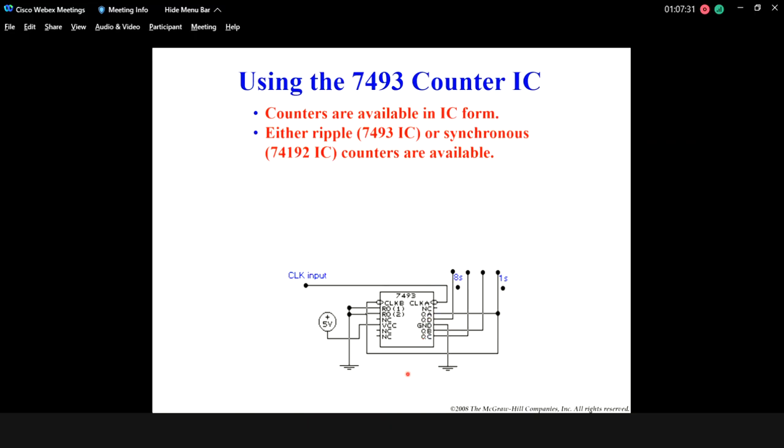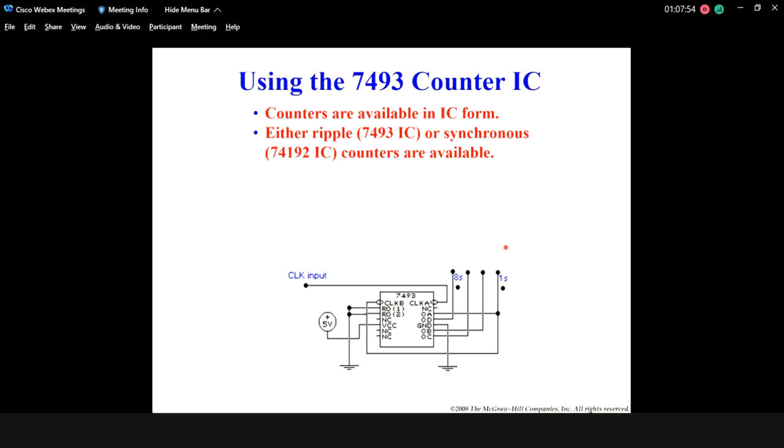And then we have QA, QB, QC, and QD for output. And then we also have R0 here.